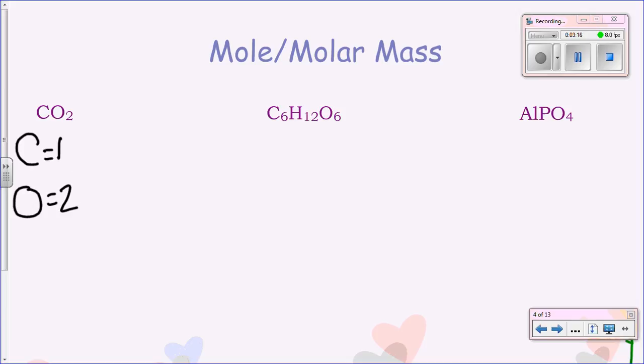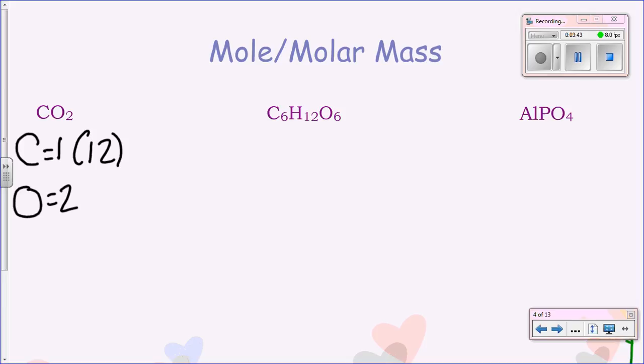Then you're going to go to your periodic table and look up the mass of carbon. On the periodic table, carbon has the mass of 12.01 on the table that I am working with. Remember, your mass is going to be a number with a couple of decimal places, and we're going to round that to the nearest whole number. So we're going to round that to 12.